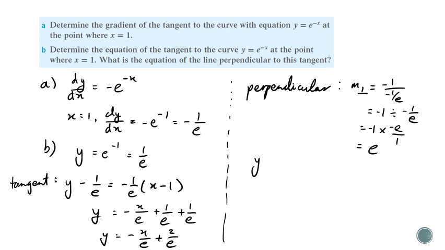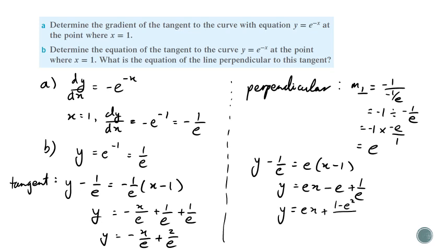So then we just do y minus y1, which is 1 over e, equals e times x minus 1. And then we have ex, not e to the power of x. Then add the 1 over e over. I should put the e in the front because it's technically a number. So ex plus 1 minus e squared over e.